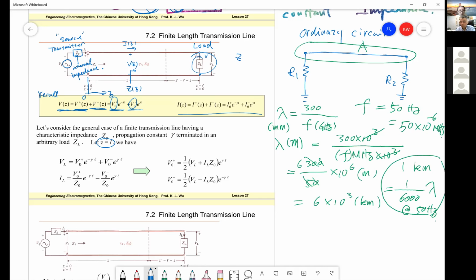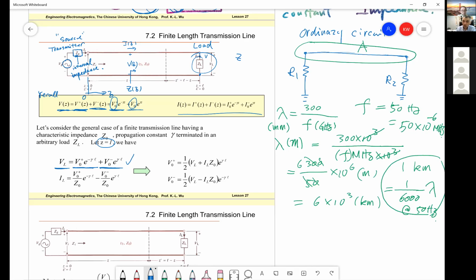Or we can say the total voltage at the load, mathematically we can represent by two waves added together. This concept we also use in time domain analysis, right? Then we have one equation.